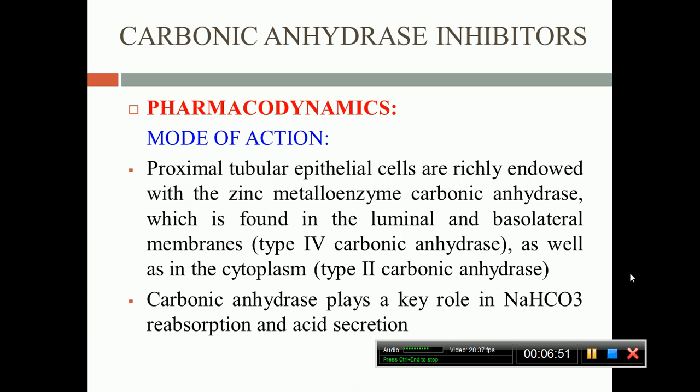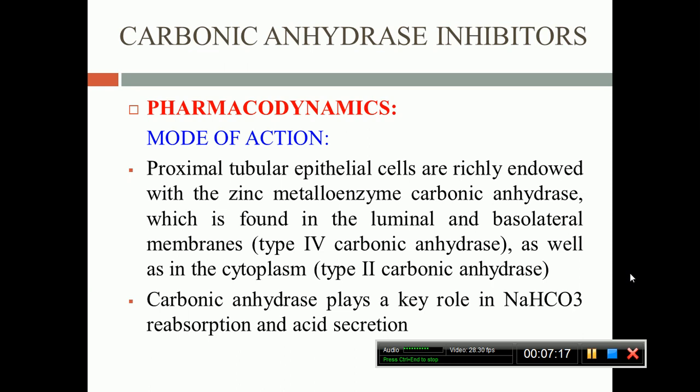Where is this enzyme located? It is located in the epithelial cells of the proximal tubule. The proximal tubule is made up of epithelial cells, and cells have cytoplasm. This is a zinc metalloenzyme. Metalloenzyme means it has a metal. Which metal? Zinc.